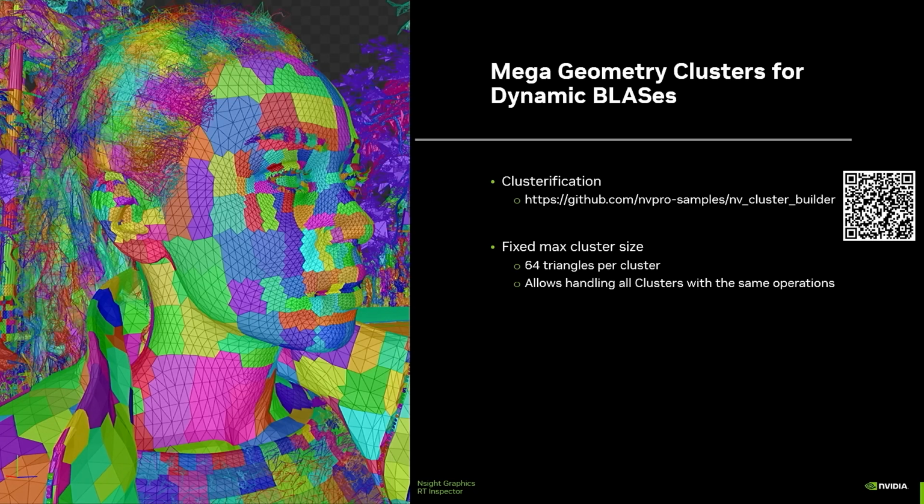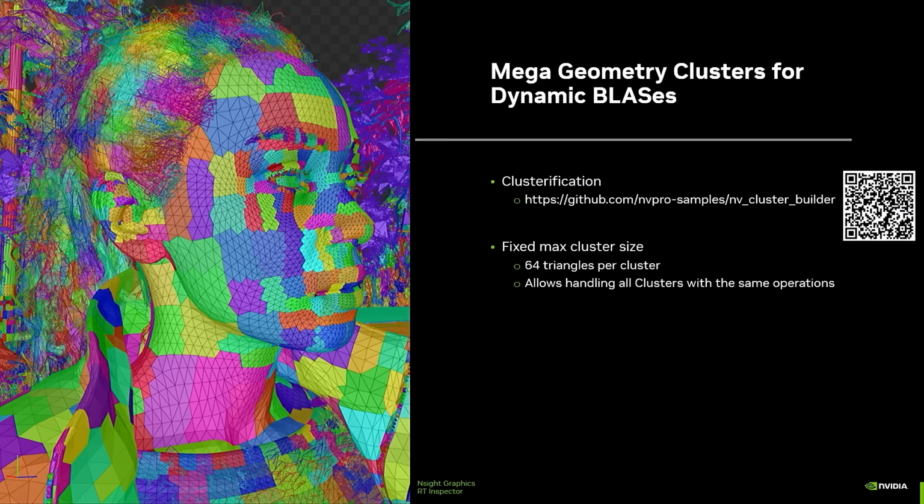A basic parameter in clustering is the cluster size in triangles. After some experimentation, we ended up with max 64 triangles per cluster. This gave the best performance for us when counting both the BVH build cost and the ray tracing performance.